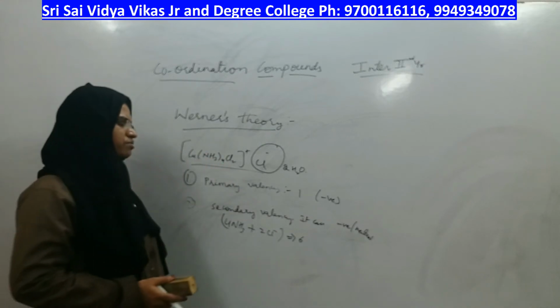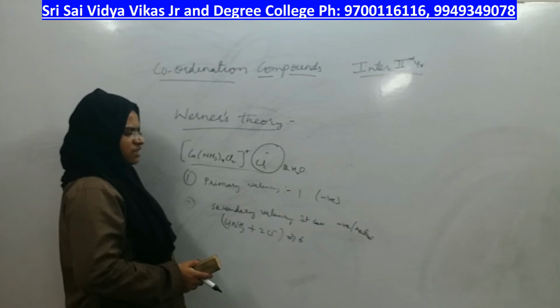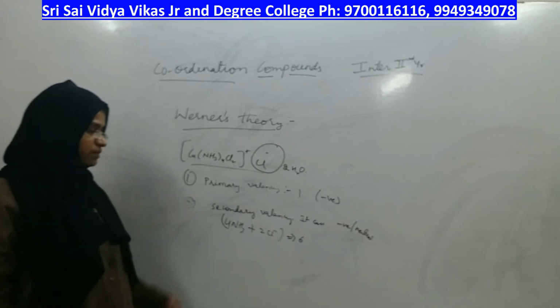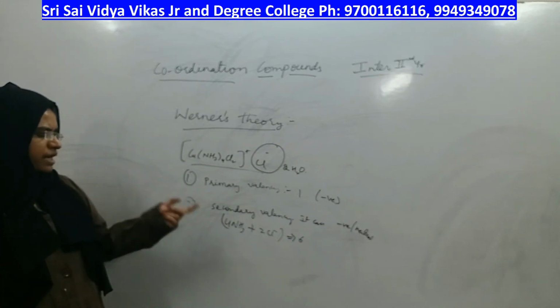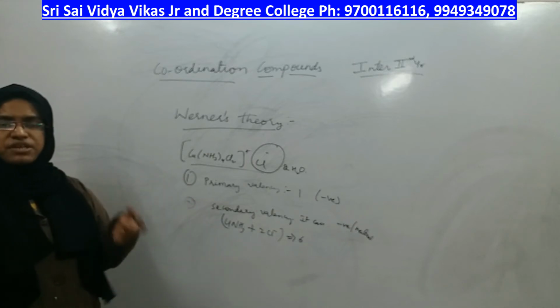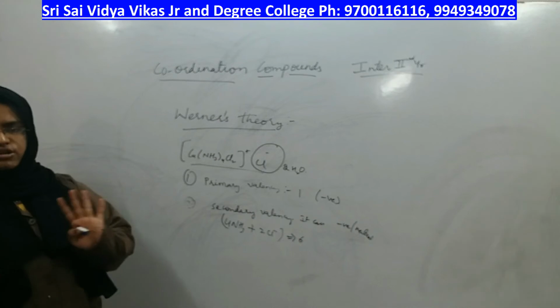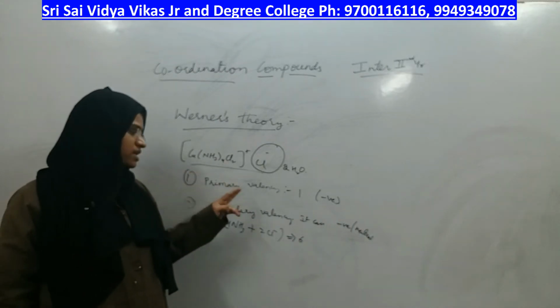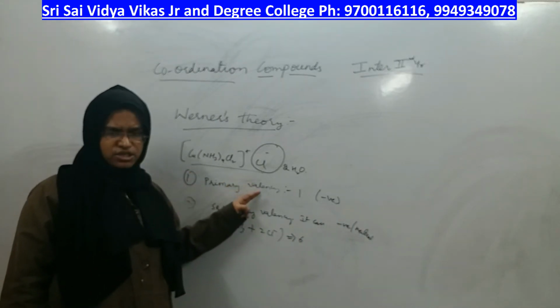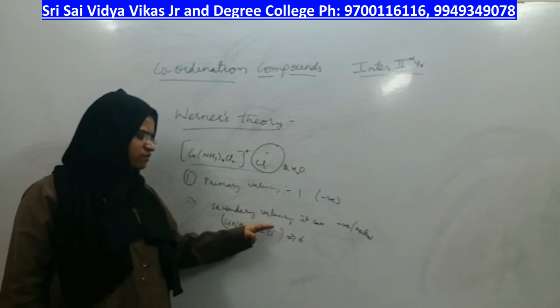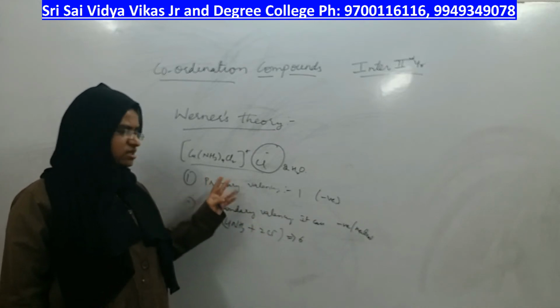Now, to make primary valency and secondary valency clear, one more important point about these two is that primary valency can be changed, but secondary valency of the compound cannot be changed, right.